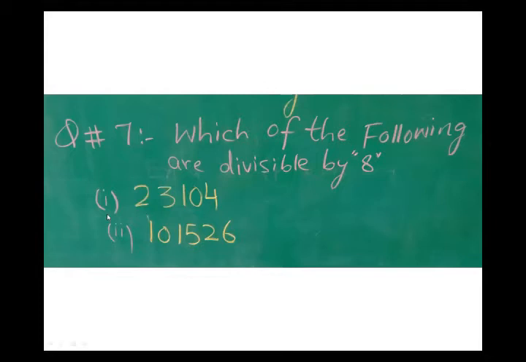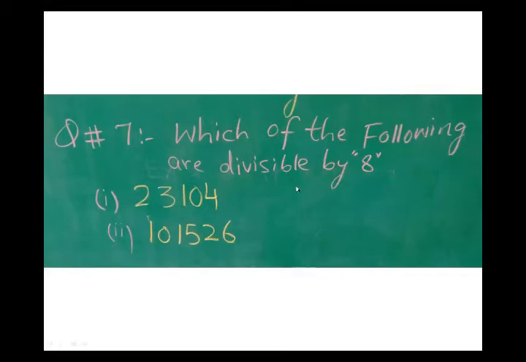Answer me part 1, which is 23104, in which you only check the last three digits, 104. If 104 is divisible by 8, then the number is also divisible by 8. So, is 104 divisible by 8 or not?